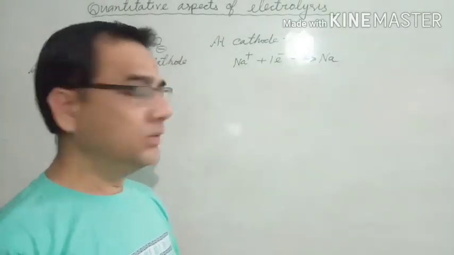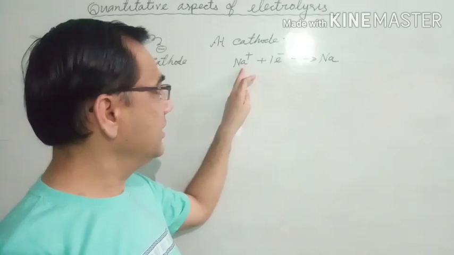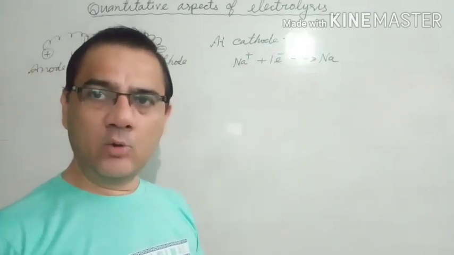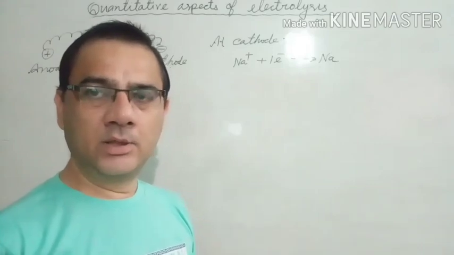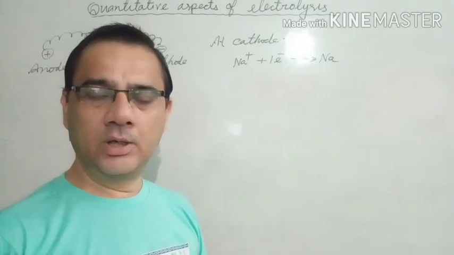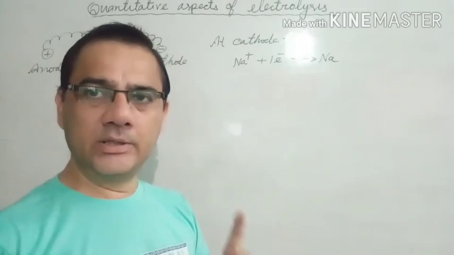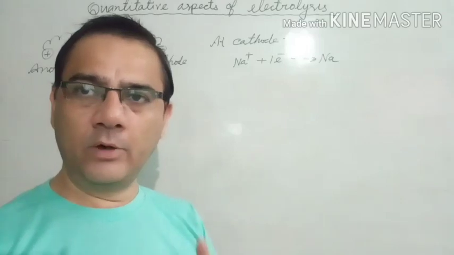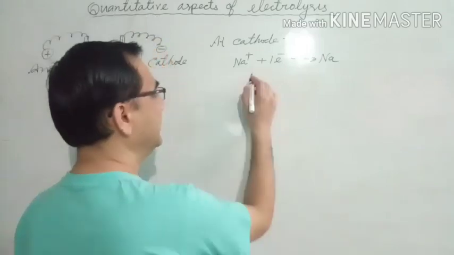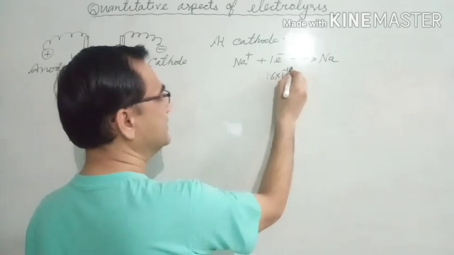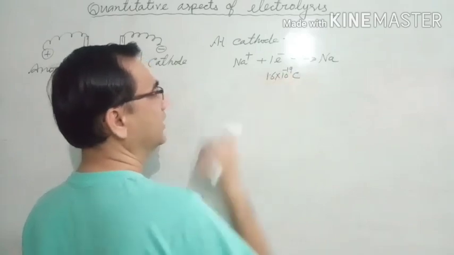If I ask you, when this Na plus ion moves towards the cathode and gains one electron, how much charge does it acquire? It acquires a charge equal to the charge of the electron. And what is the charge of the electron? That is 1.6 into 10 to the power minus 19 coulomb of negative charge. So I write here 1.6 into 10 to the power minus 19 coulomb of negative charge.